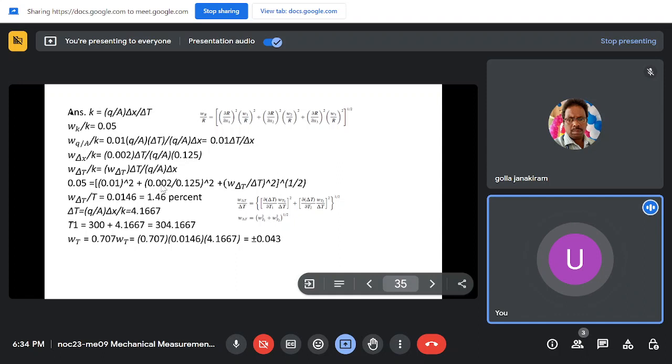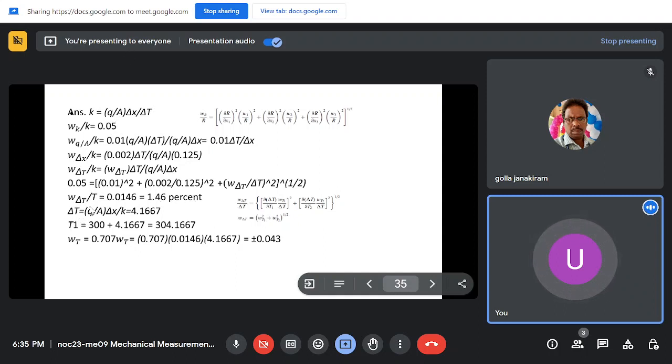Similarly, the next one will be 0.002 by 0.125 the whole square, and the third one will be W delta T by delta T the whole square. This whole will be raised to power half. So in this case, we have to solve for W delta T by delta T, and that will come out to be 0.0146 or 1.46%. So the uncertainty for temperature measurement will be 1.46%.